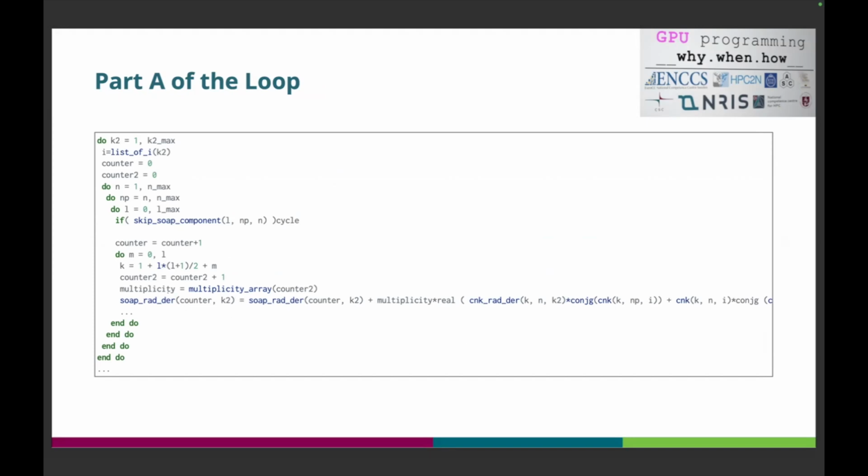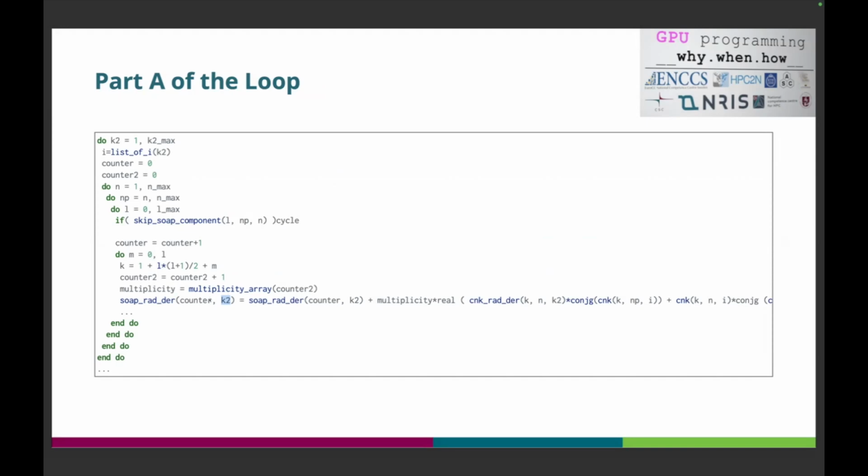Let's assume that we have 2 threads computing something for K2 and K2 plus 1, and then we have the counter, which goes from 1 all the way to some value, which is about 100.